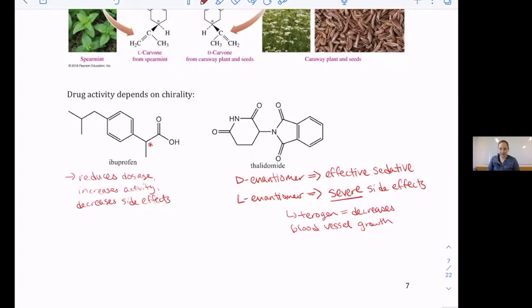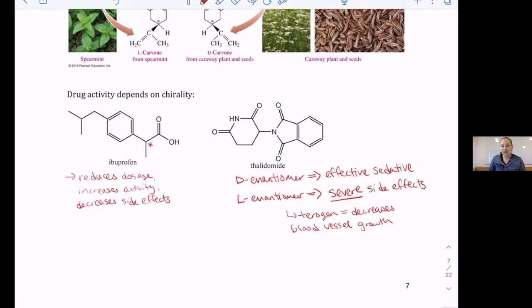It increases the activity, because your body's not trying to fight getting rid of the wrong enantiomer. And it also decreases side effects. The other enantiomer causes different effects in your body. So selling ibuprofen as a single enantiomer overall has health benefits when you use that drug.